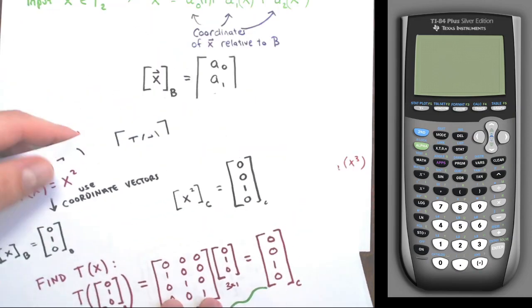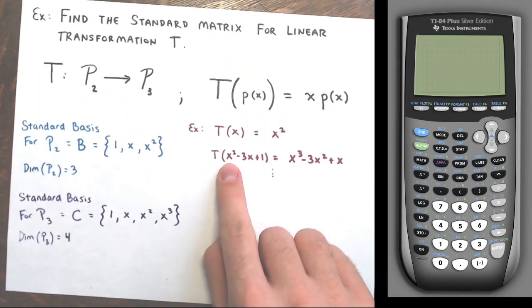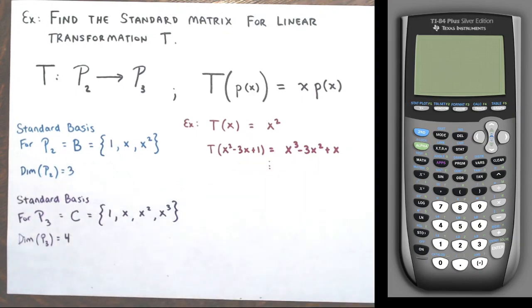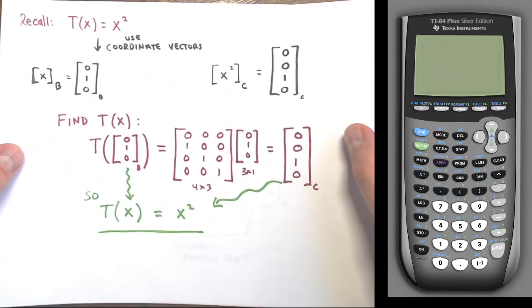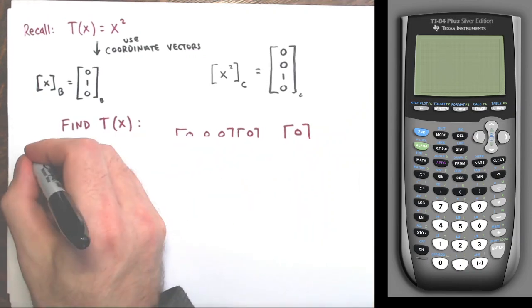Another one from earlier was T of x squared minus 3x plus 1. What's T of x squared minus 3x plus 1, using the same standard matrix?